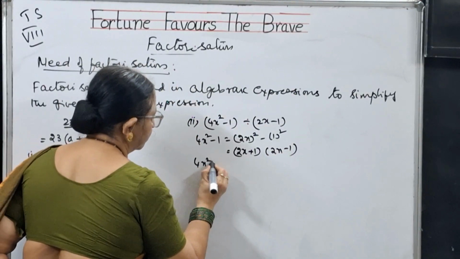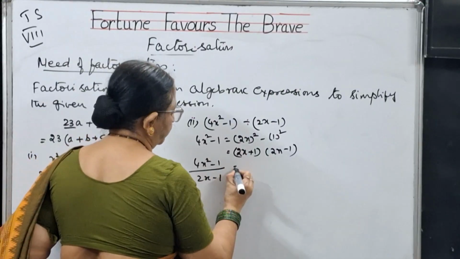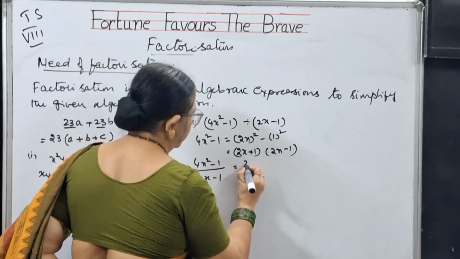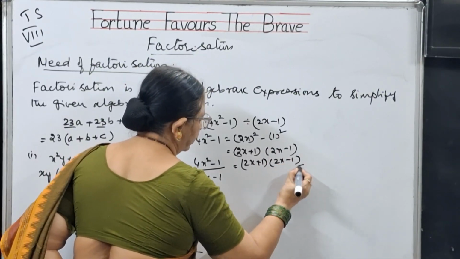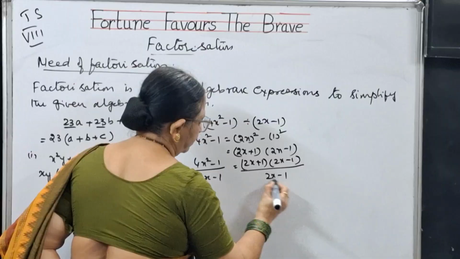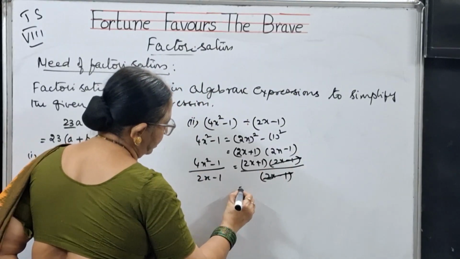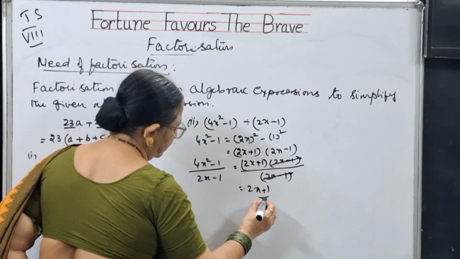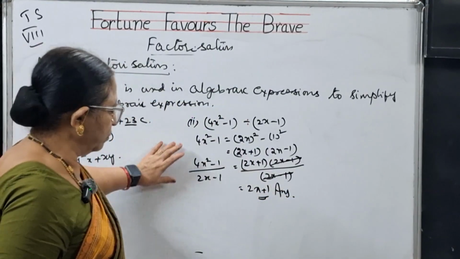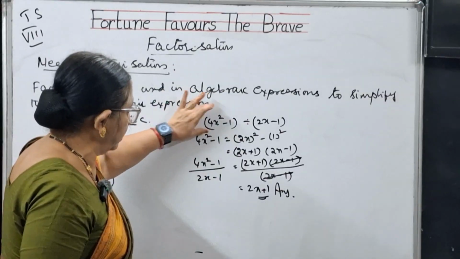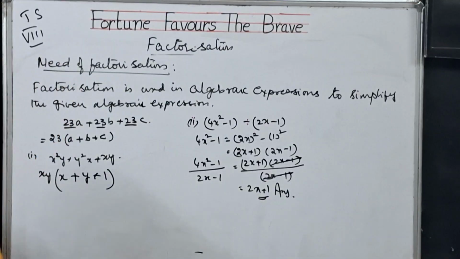So 4x square minus 1 divided by 2x minus 1 can be written as 2x plus 1 into 2x minus 1 divided by 2x minus 1. This 2x minus 1 and 2x minus 1 you can cancel. 2x plus 1 is the answer. See, it is so easy for you to find a solution when you go for factorization. Please note it down.